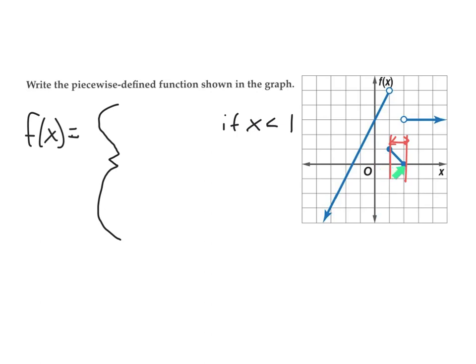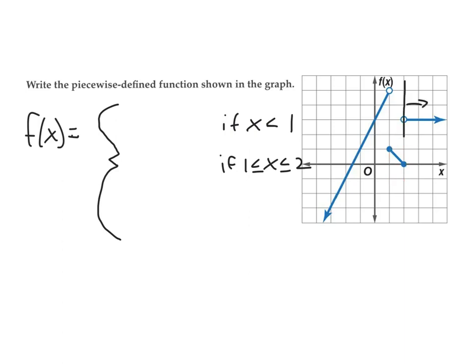My right boundary here is 2. So since it looks kind of like an and, right? There's a left boundary, right boundary, we connect them in the middle. So I have a compound inequality. If 1 is less than or equal to x, which is less than or equal to 2. So I just write my boundaries out. Smallest one on the left, biggest one on the right. It turns into a compound inequality, an and. All right, just like we did in chapter 1.